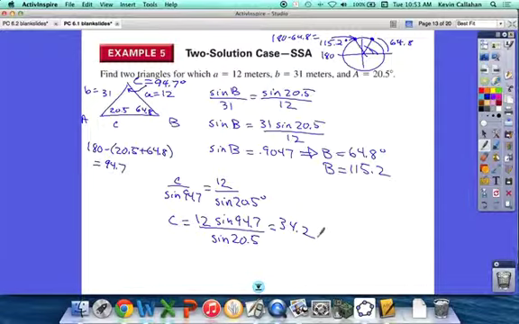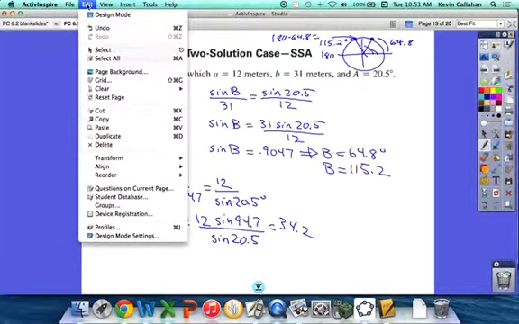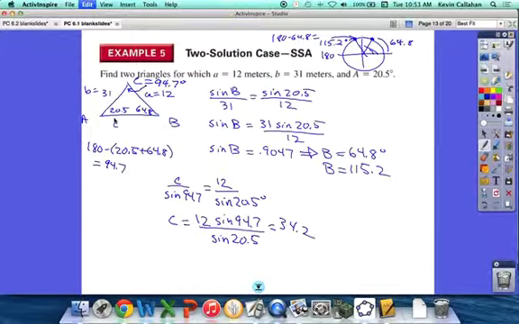And then we're going to have to repeat the process. And this time, instead of using 64.8, we're going to use 115.2. Same process. I think what I'm going to do is like this. Edit, copy, edit, paste.